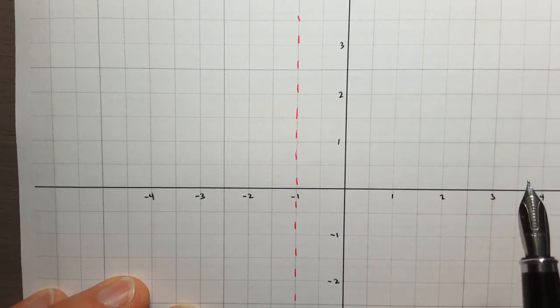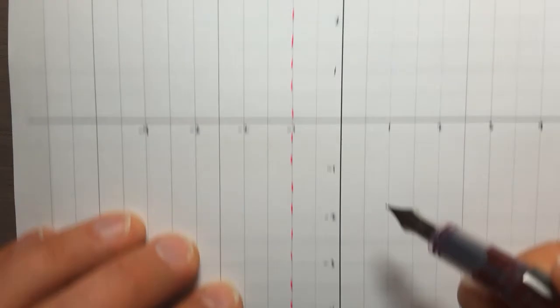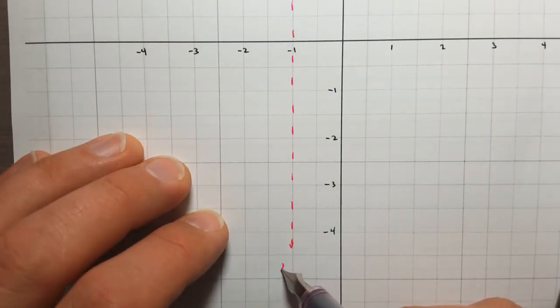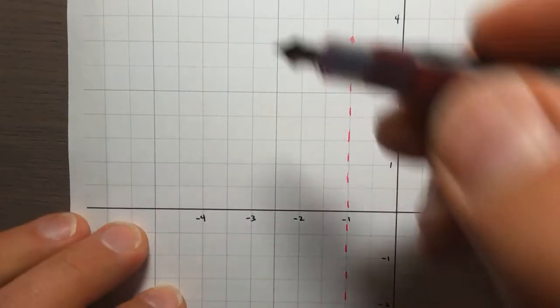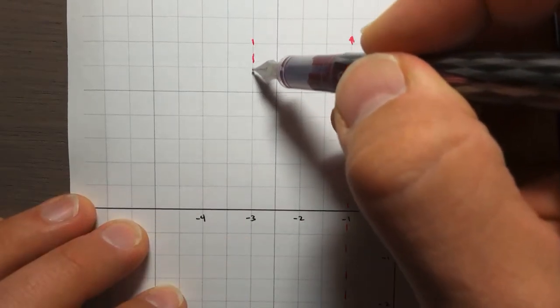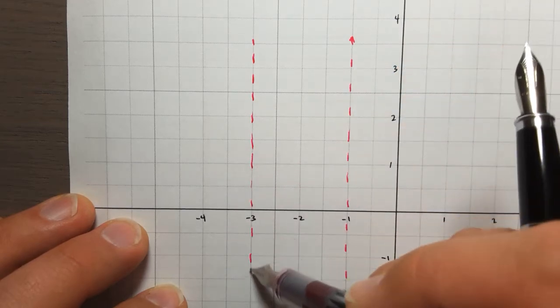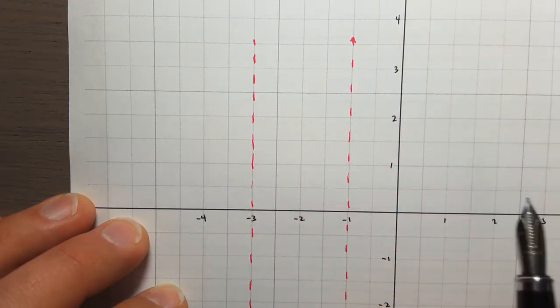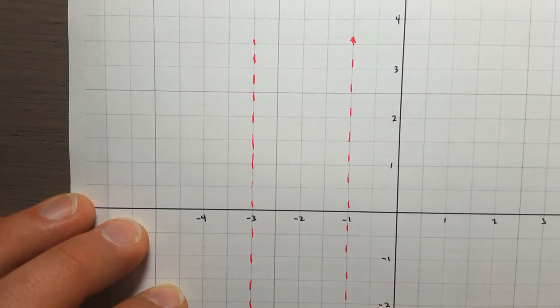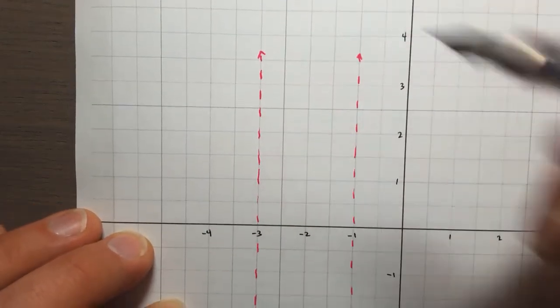So that's my vertical asymptote, and I'm even going to label it at the bottom here. That's x equals -1. And another asymptote at -3. So x equals -3, I labeled it at the bottom as well.